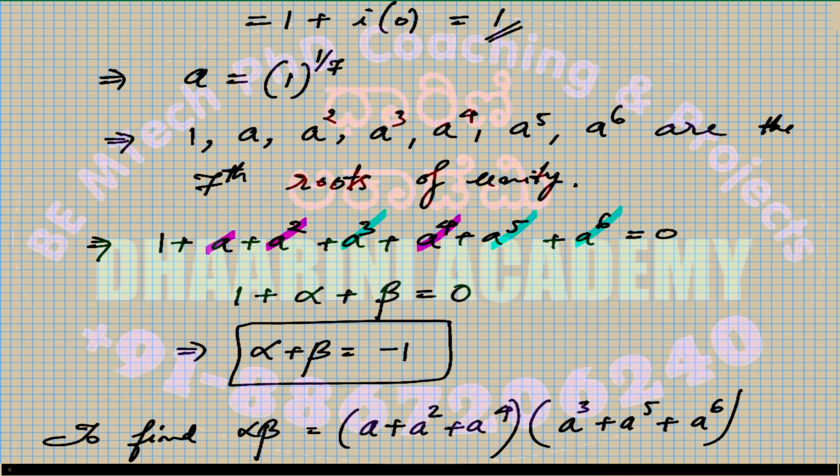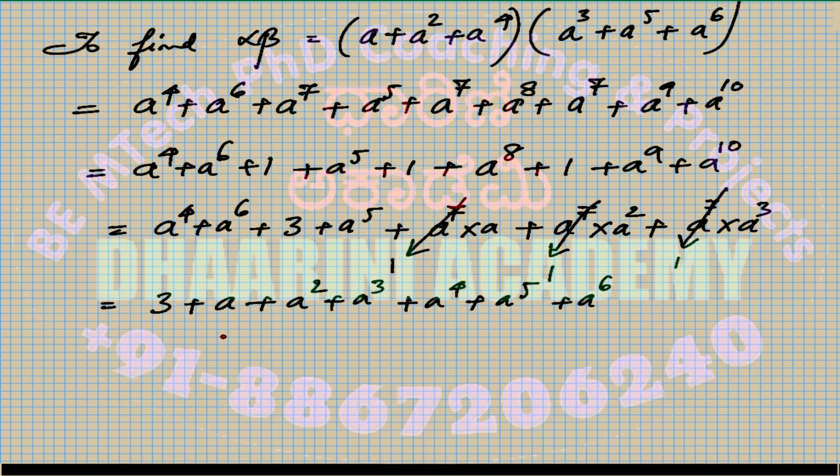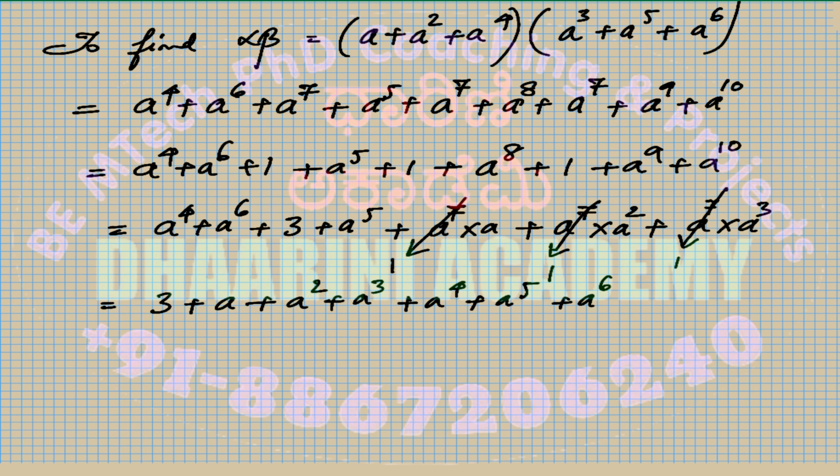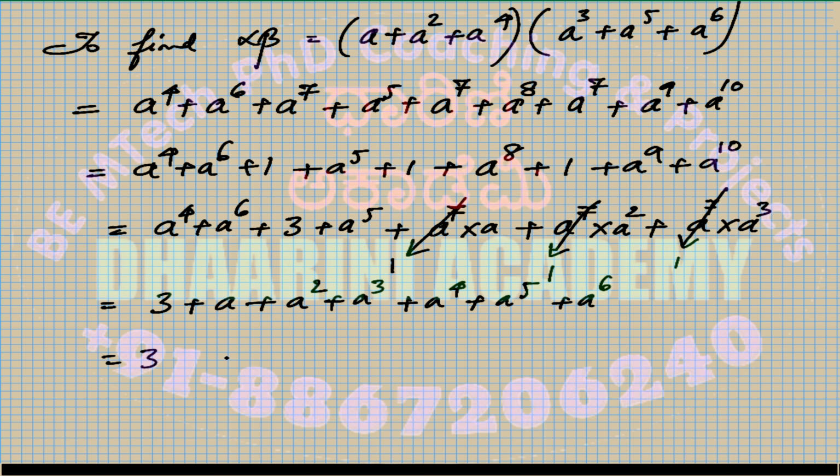Correct? So I'll write that this is equal to 3 plus a, a square, a cube, a to the 4 up to a to the 6 is nothing but minus 1. So this is 3 plus minus 1. So the answer alpha into beta is equal to 2.